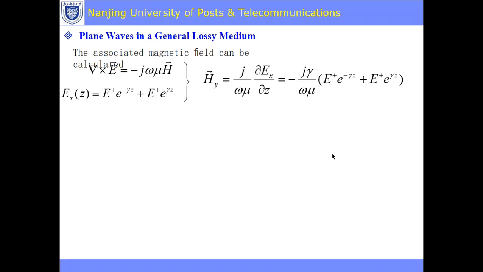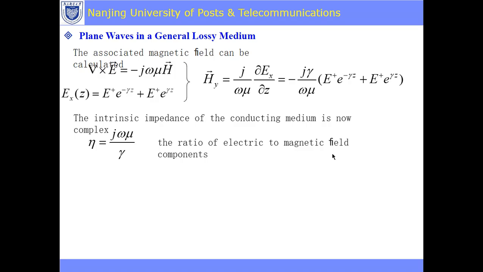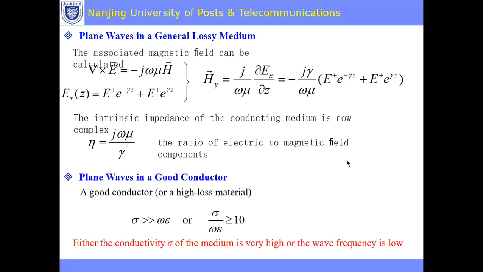Plane wave in a general lossy medium. Now the magnetic field, here is the magnetic field. The intrinsic impedance of the conducting material medium is now this, right? It is the ratio of the electric to the magnetic field components, we already talked about that.